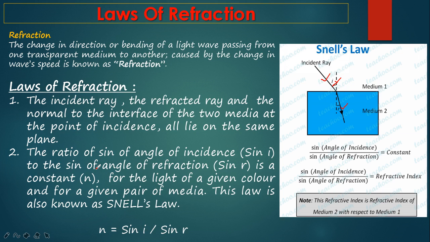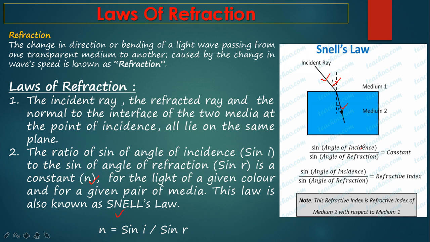The second law is that the ratio of sine of angle of incidence, which we write as sine i, to the sine of angle of refraction, which is sine r, is a constant n, for light of a given color for a given pair of media. This law is known as Snell's law.